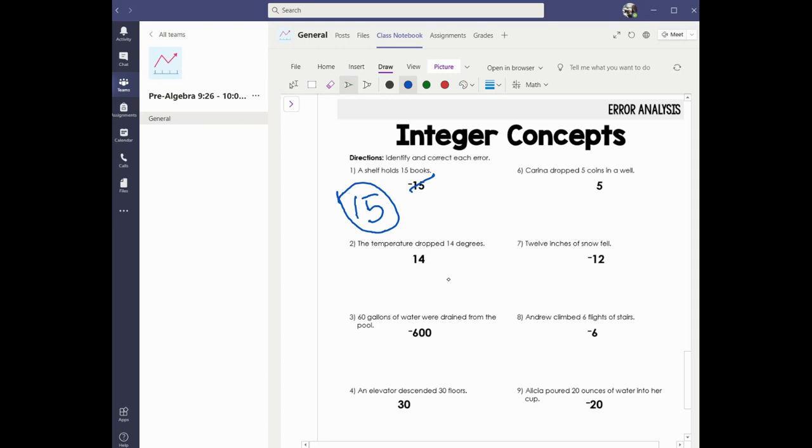If the temperature drops 14 degrees, that should be -14 degrees. And now that's the correct answer. If 60 gallons of water are drained from the pool, it's correct. It should be negative, but that says 600. So we got to get rid of that 0. It should be -60.